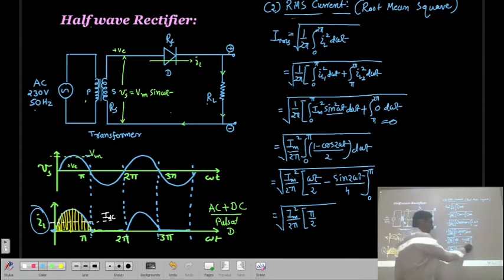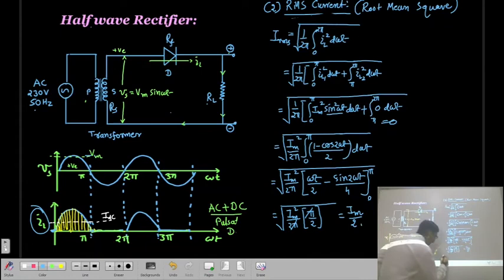Then we put in the lower limit, omega t equals 0, which gives 0, and sin 0 is also 0. So the bracket value will be only pi by 2. Here the pi and pi cancel, and 2 into 2 is 4. So you get I_m squared by 4 under the root, which is I_m by 2.